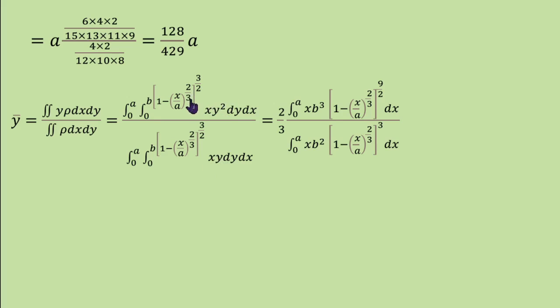Apply the limit carefully. Now, y cube by 3, upper limit is this, b, y cube, b cube, and this x, so 3 is in the denominator. Here, y square by 2, that 2 goes to numerator, so 2 by 3 here.